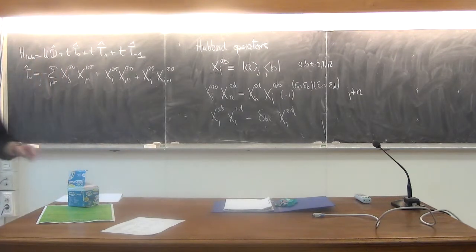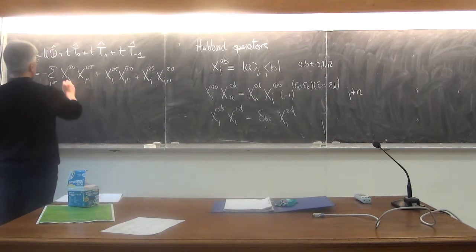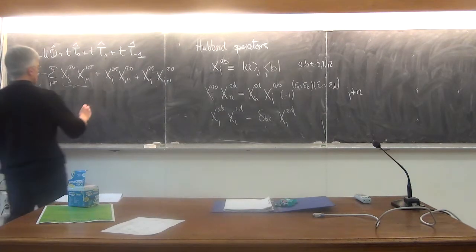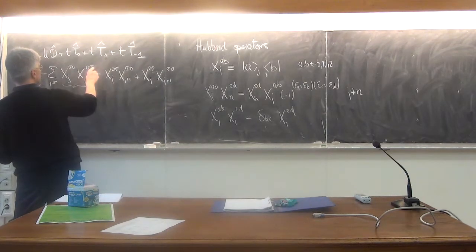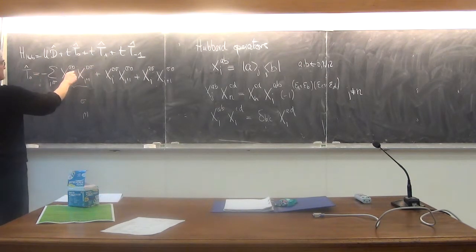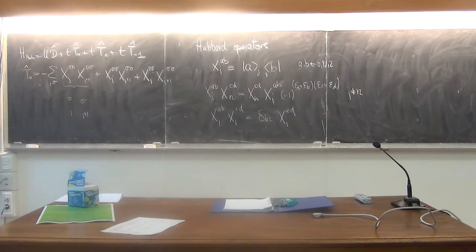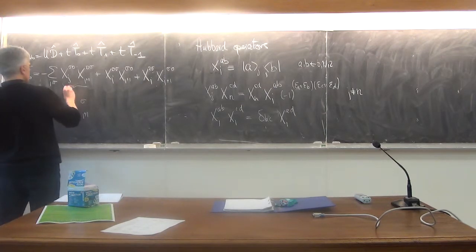So this, I claim, corresponds to hopping processes which leave the number of doubly occupied sites the same. So let's check. This one would only work if I initially have a state sigma at j plus 1, and I turn it into a state, and I have 0 at j. Yeah, that's initial.